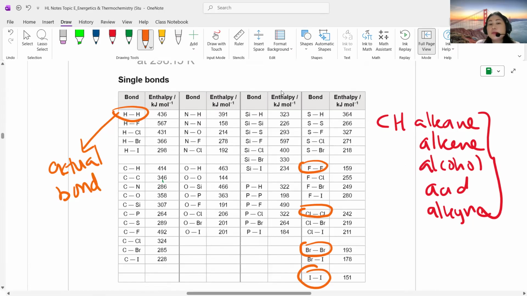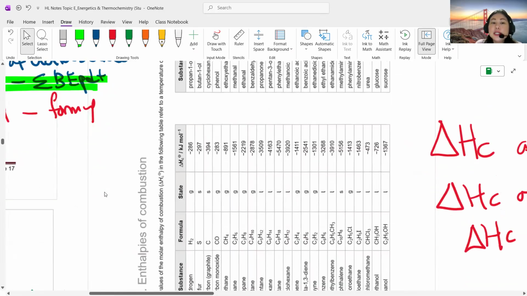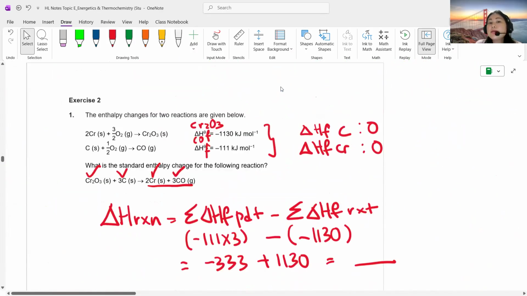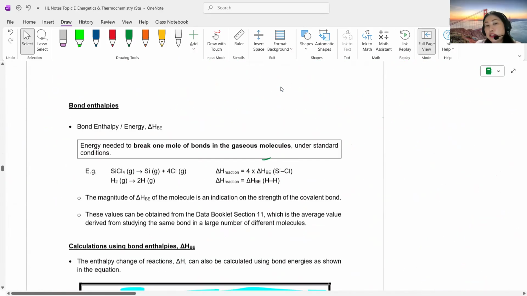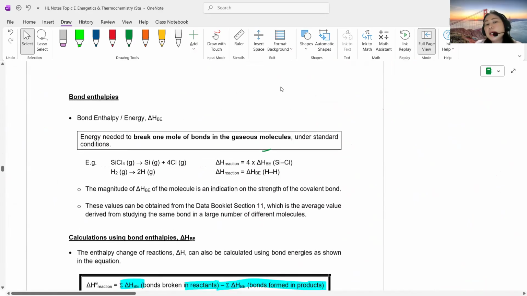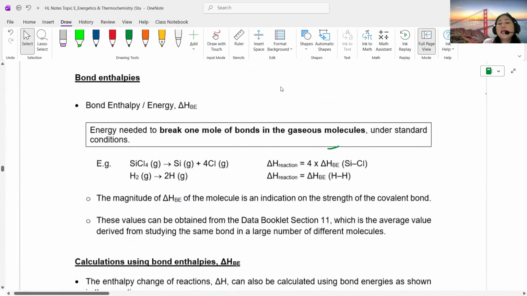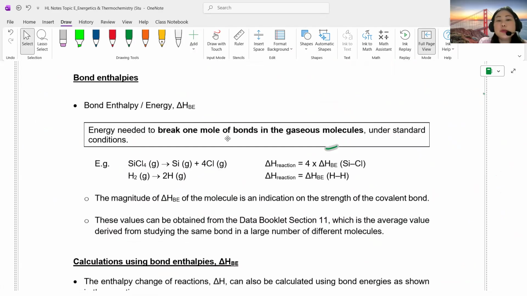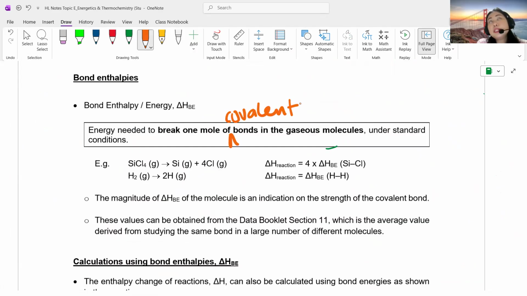All right. So the bond energies in the data booklet are mostly average bond energies, except for a few, which are the real energy. So what in the world is bond energy? Bond energy is the energy to break one mole of covalent bonds in gaseous molecules. It is for covalent bonds only. So there's no such thing as a bond energy for ionic bonds like NaCl. It's for covalent.